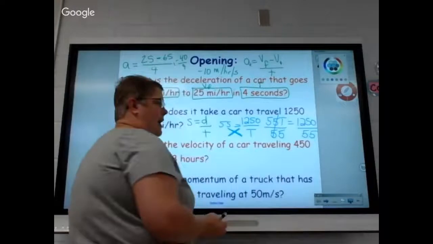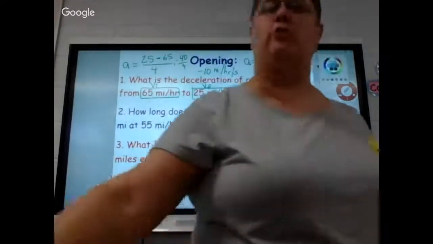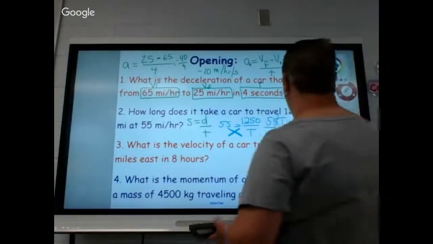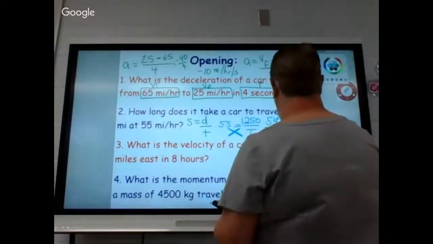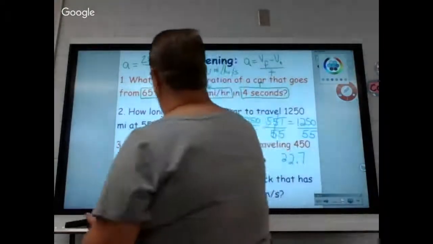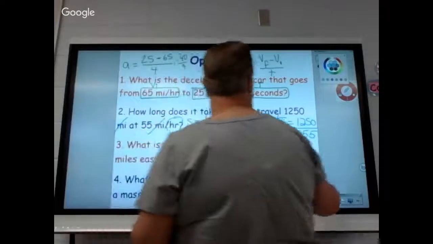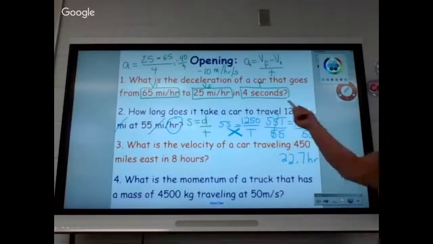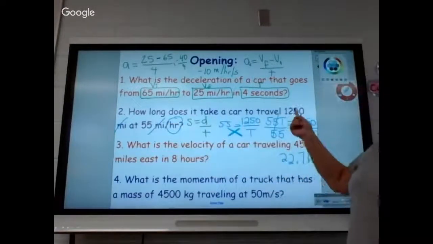Okay? Now, the reason I want you to write that down and do it on your paper is because you get 22.7, and then your hours are going to be your unit because your miles cancel out. Okay? Now, the reason I want you to write that down is when I calculated the wrong answers, I multiplied these two numbers together.